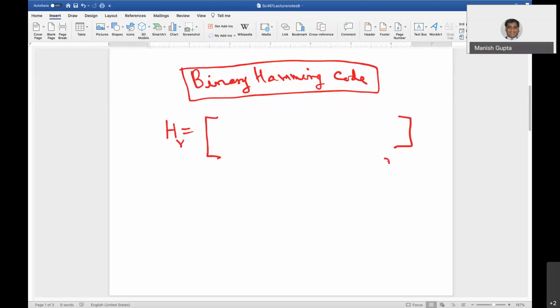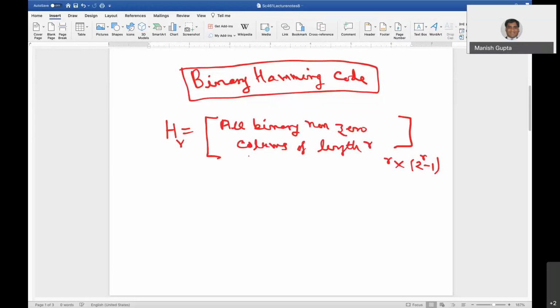It has R rows and 2 raised to power R minus 1 columns, consisting of all binary non-zero columns of length R. Okay, this is the definition of the parity check matrix.